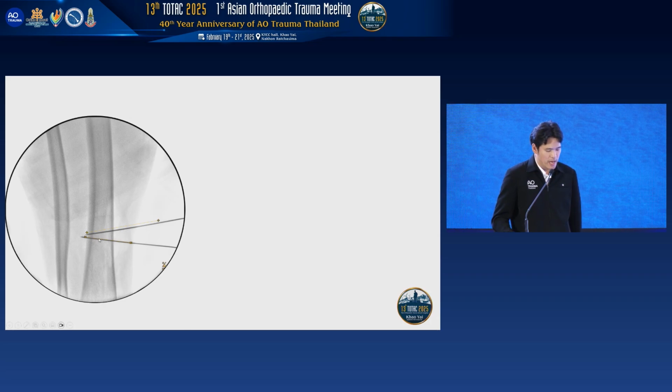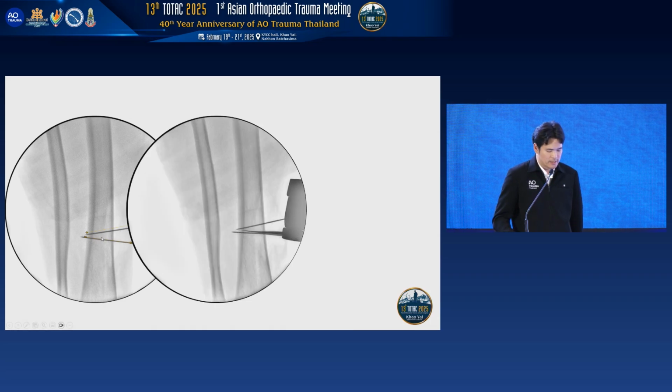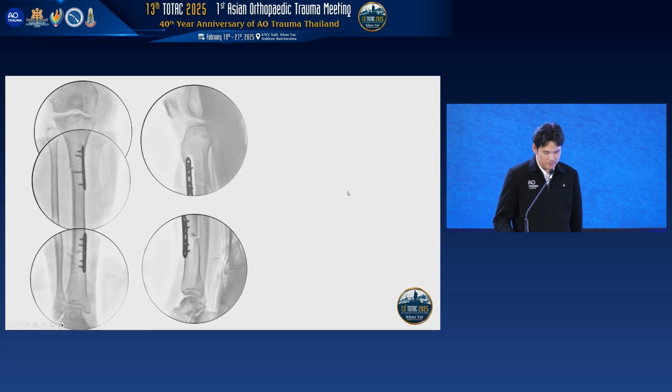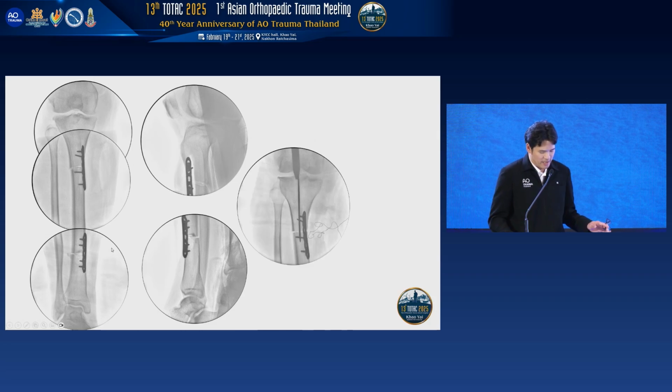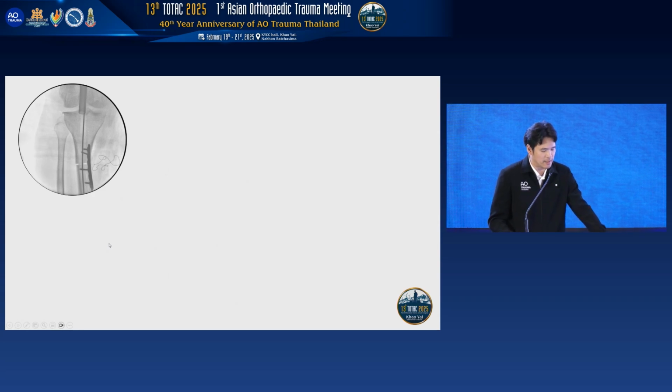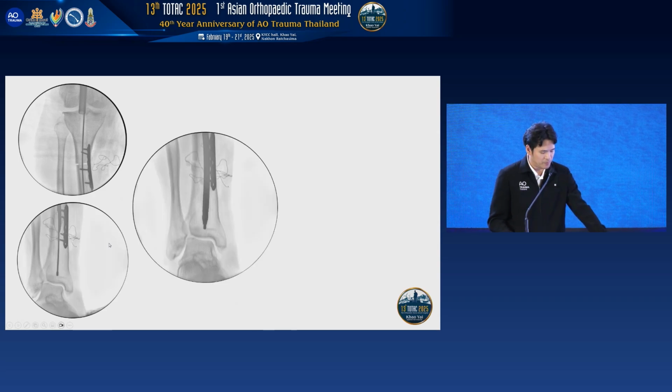Then we did another closing wedge osteotomy at the distal part, and again maintained it with a uni-cortical plate. And then we hoped that we get better alignment compared to the preoperative. Anyway, there's still some valgus, honestly. And then we did the suprapatellar nail while we maintained the deformity with the plate.